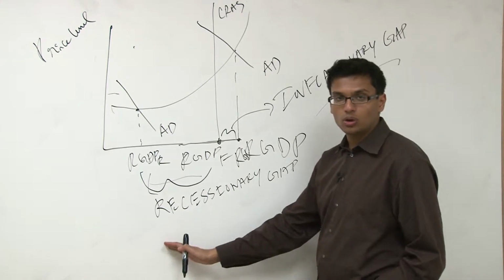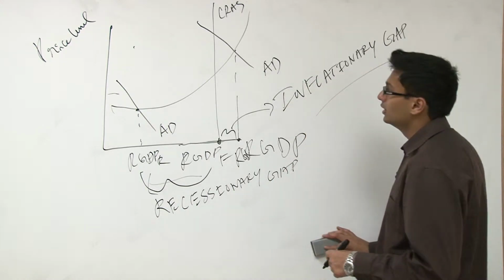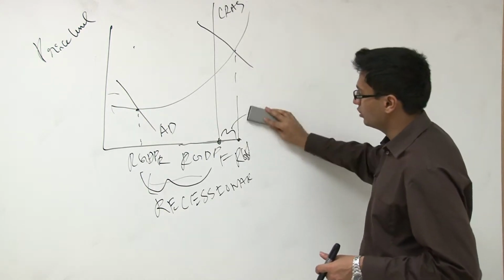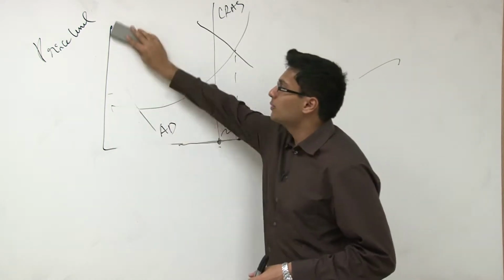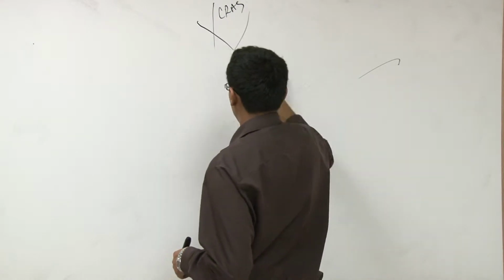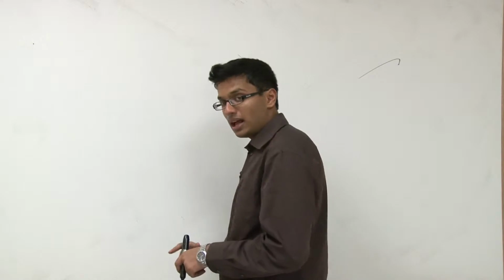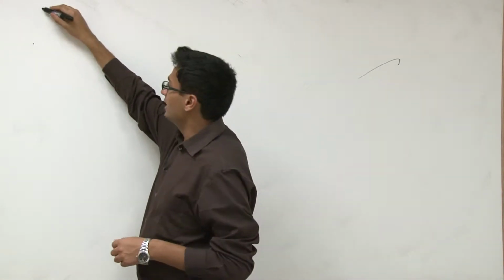I hope right now graphically you can understand inflationary gap and recessionary gap a little better. But that being said, let's talk about shifting AD. We did this a little bit before in a different class, but let's talk about shifts in AD.